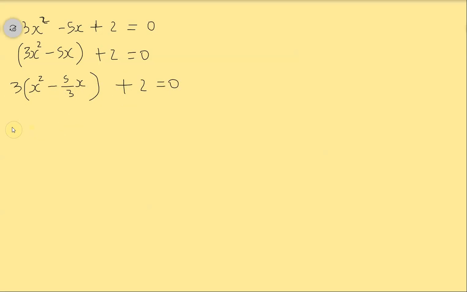Great. Now the next step is to make what's in the bracket a perfect square. And if you recall, for this to be a perfect square, then the c term here would have to be half the b term squared. So that's plus.